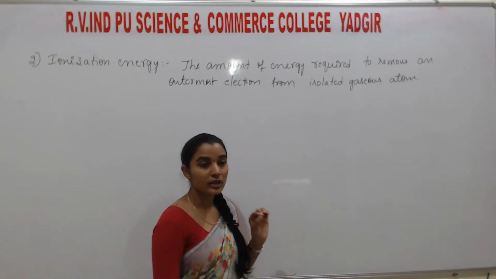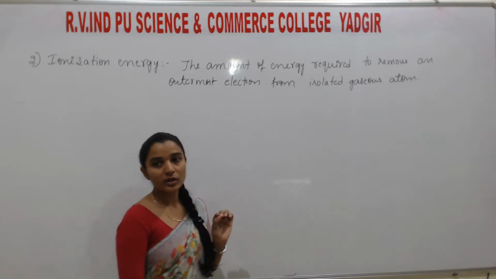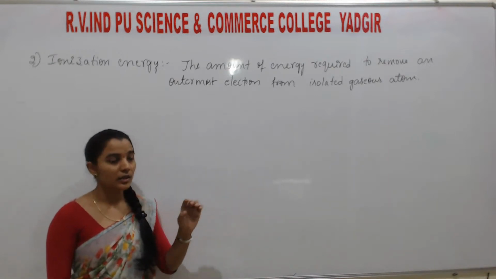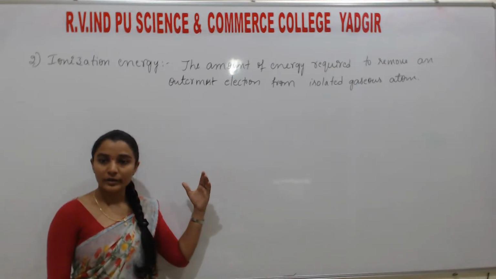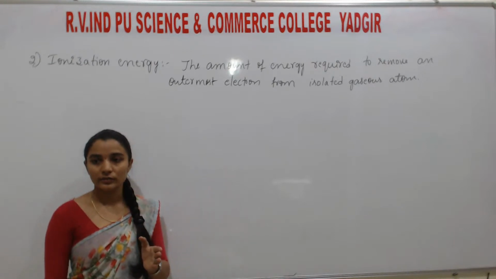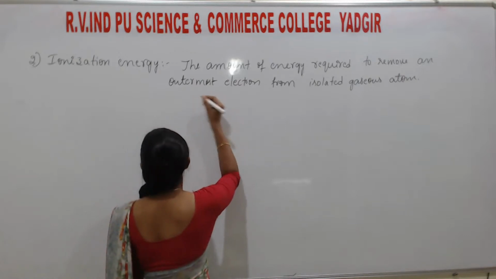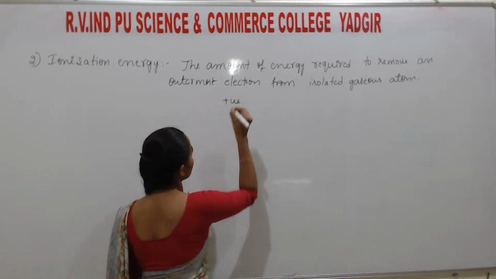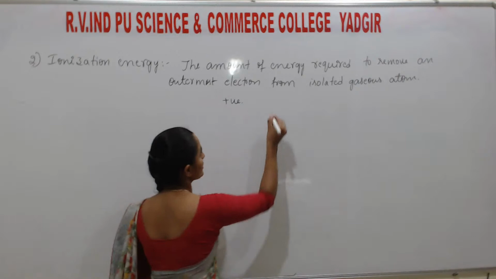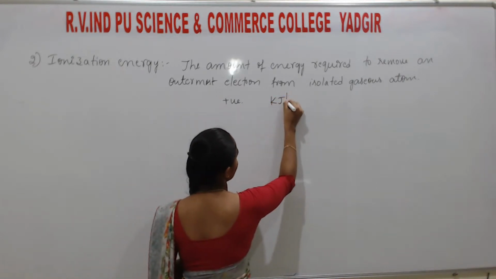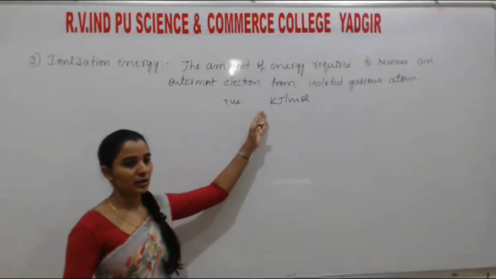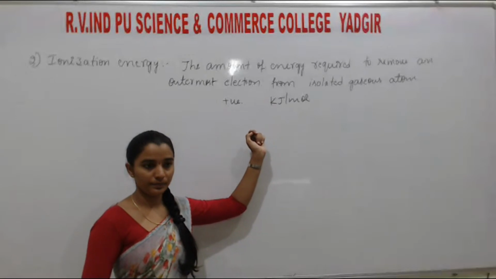The amount of energy required: energy is always added to remove electrons. So ionization energy is always positive, and it is measured in kilojoules per mole.